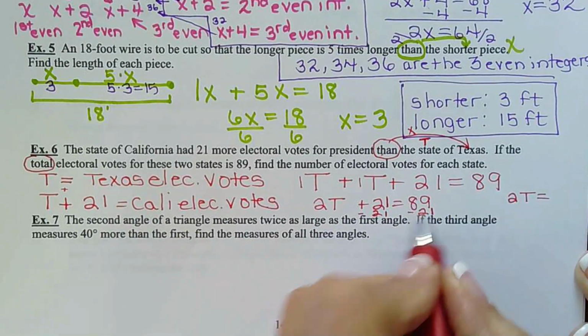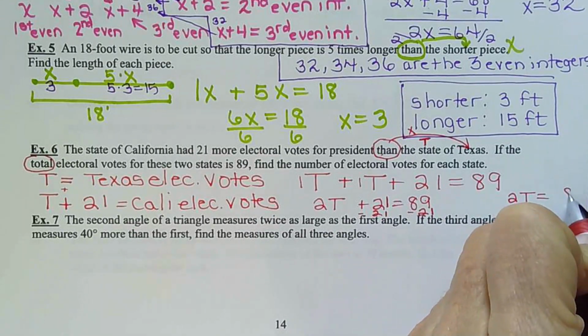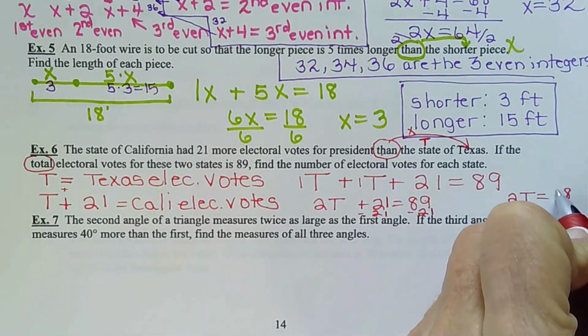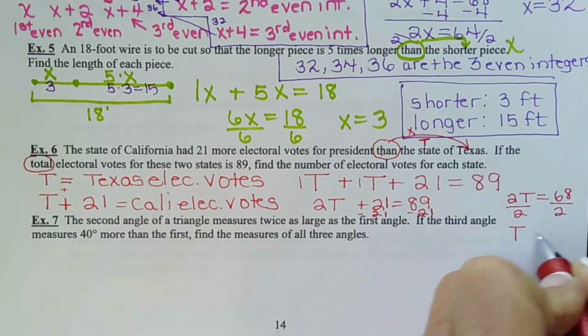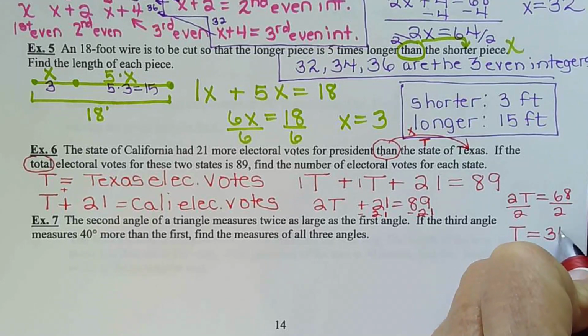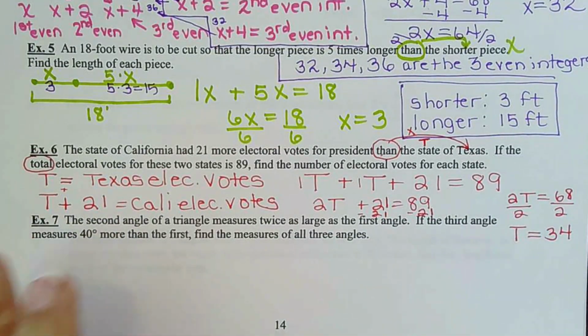So 2t equals 9 minus 1 is 8. 8 minus 2 is 6. Divide by 2, divide by 2. Every t in the problem, and that's probably one of the most important things to learn, because students don't know that when they come into my class. They think t's 34 and it's just that t. Every t in the problem is now 34.